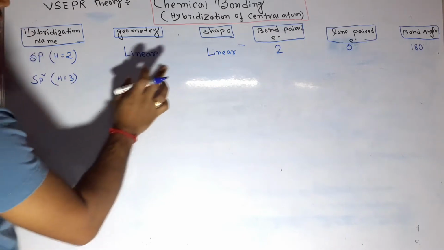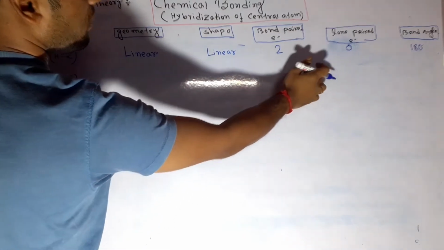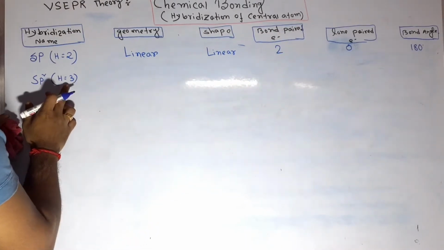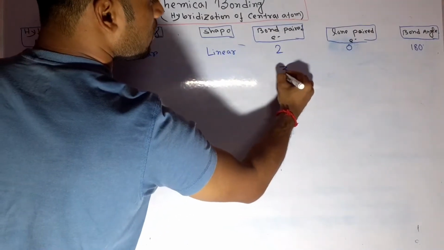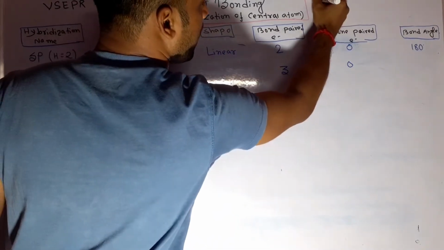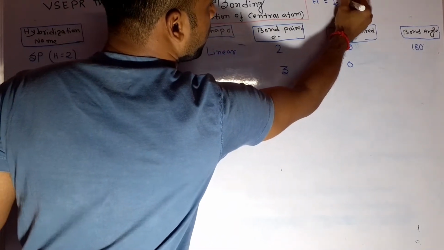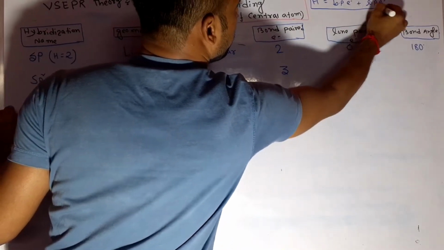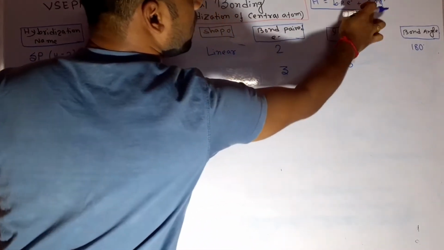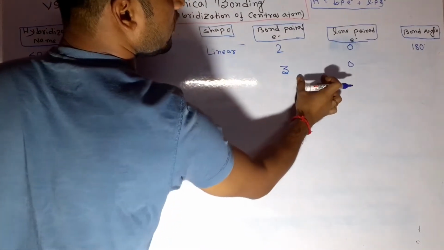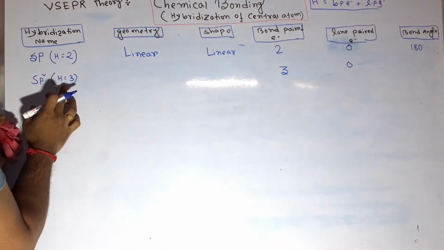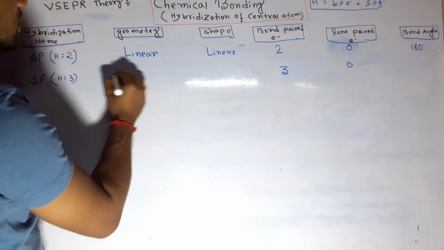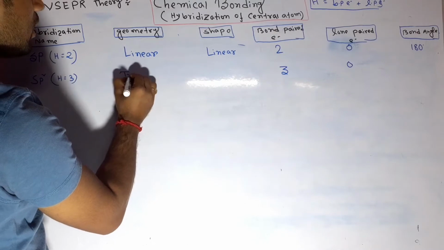Shape and geometry depend on the bond pair and lone pair electrons. For hybridization number 3, consider the possibilities. We know that hybridization number equals bond pair electrons plus lone pair electrons. If the bond pair is 3 and the lone pair is 0, the result is 3, and the shape is trigonal planar.